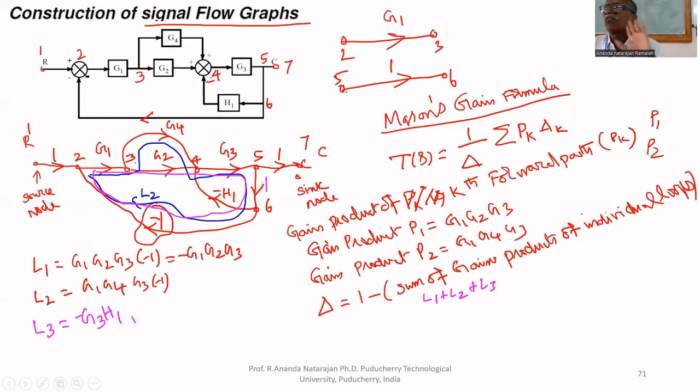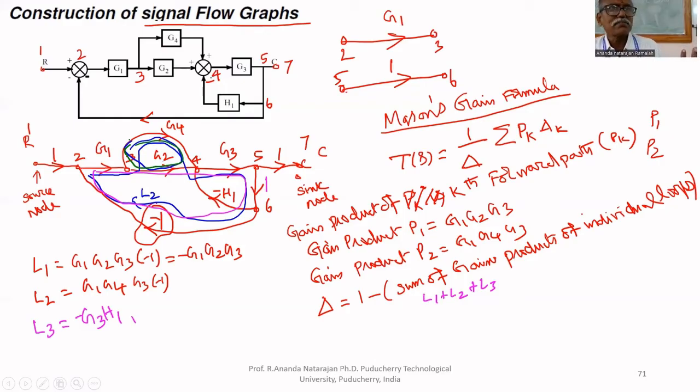Only 3 loops are there, not 4 loops. This is not a loop. Why? Because from 3 to 4 you can travel through G4, no problem, but you cannot travel from 4 to 3. Again, you cannot reach the same point.